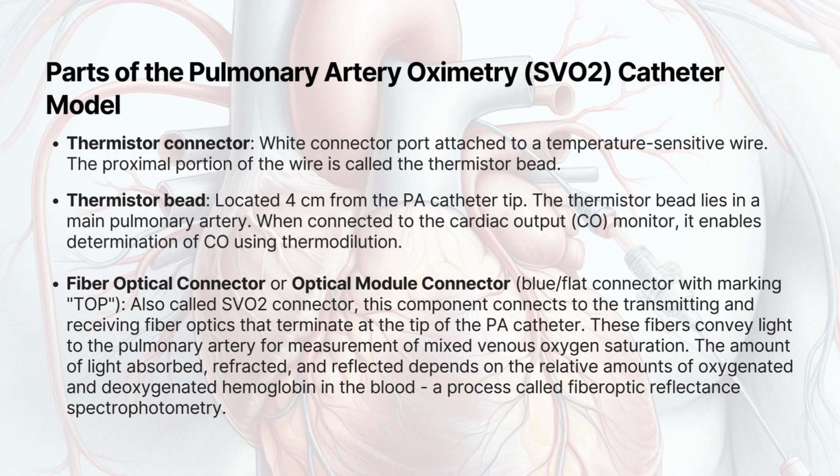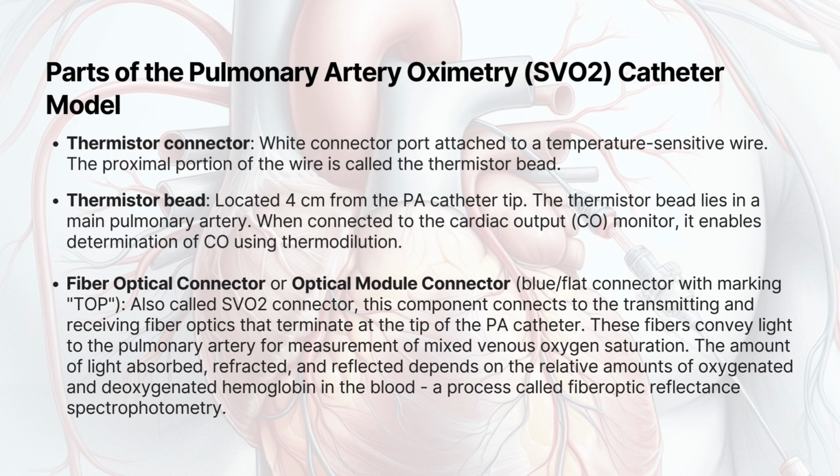Fiber optical connector or optical module connector, blue flat connector with marking top. Also called SVO2 connector, this component connects to the transmitting and receiving fiber optics that terminate at the tip of the PA catheter. These fibers convey light to the pulmonary artery for measurement of mixed venous oxygen saturation.